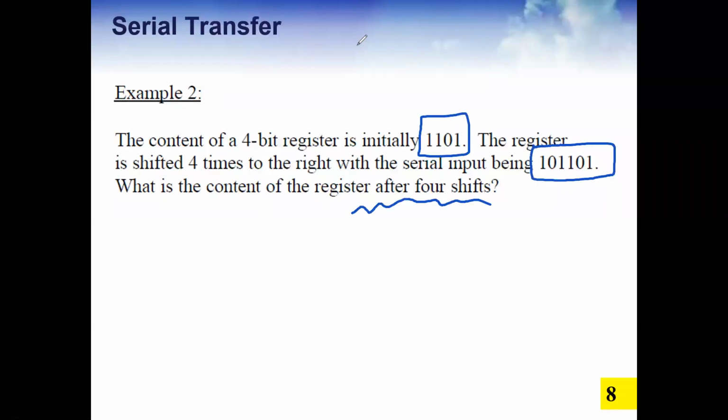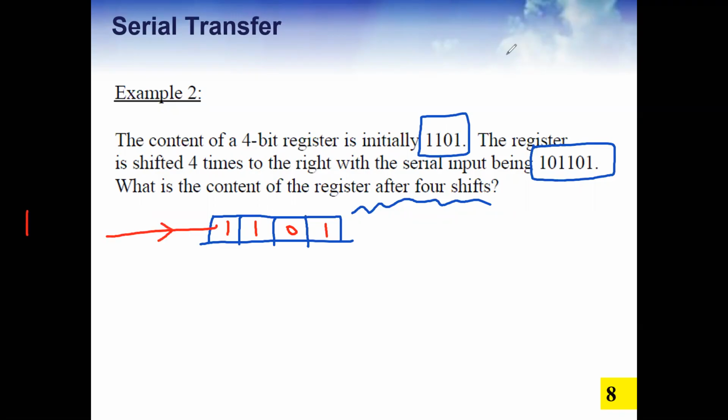This is the question. We have a 4-bit shift register, and the content given to you is 1101. And the input to this is 101101. Now they are asking, after 4 shifts, what will be the content?